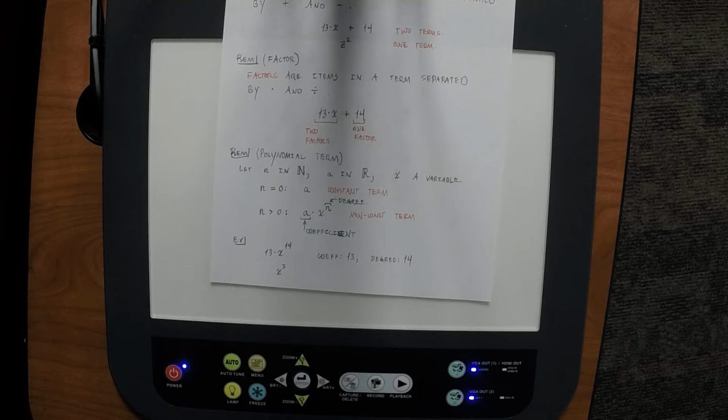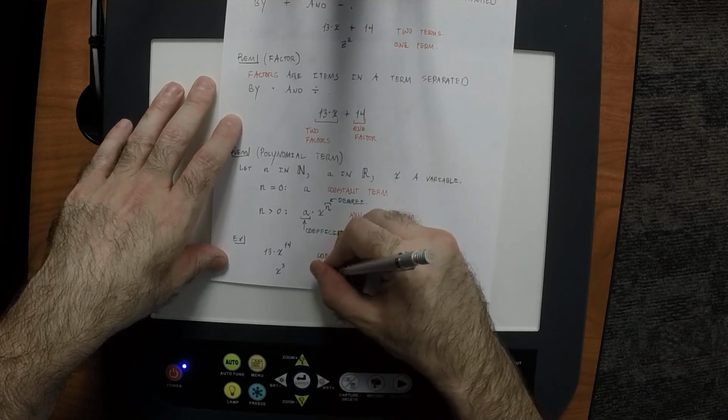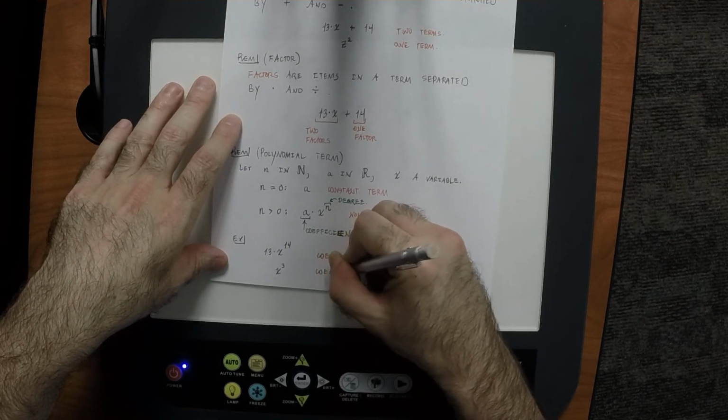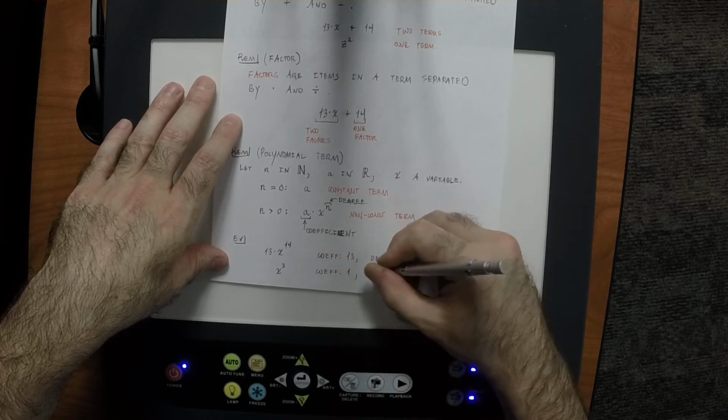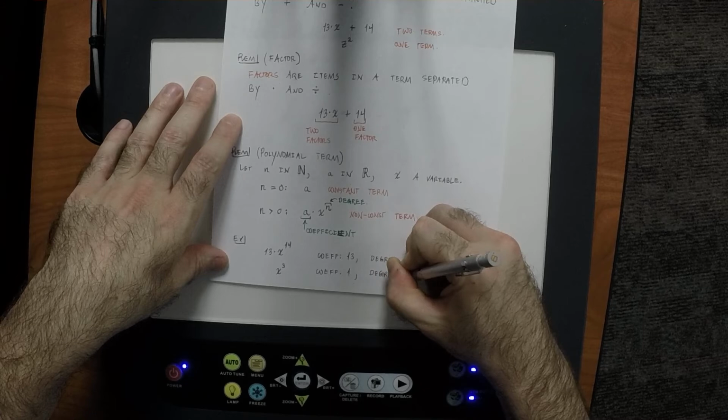For the no's, why are you saying no? Because there's not an a right there. Okay, I get that, but there's an implied a of 1, right? So that being the case, it is a polynomial term. What's its coefficient? It's 1. And what's its degree? Its degree is 3.